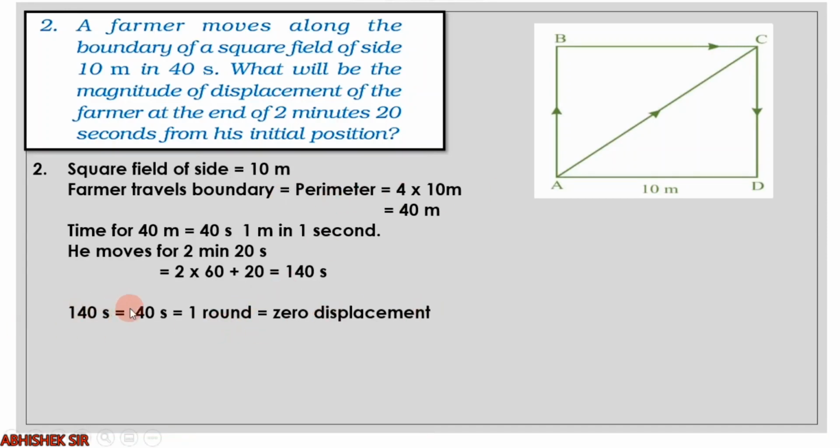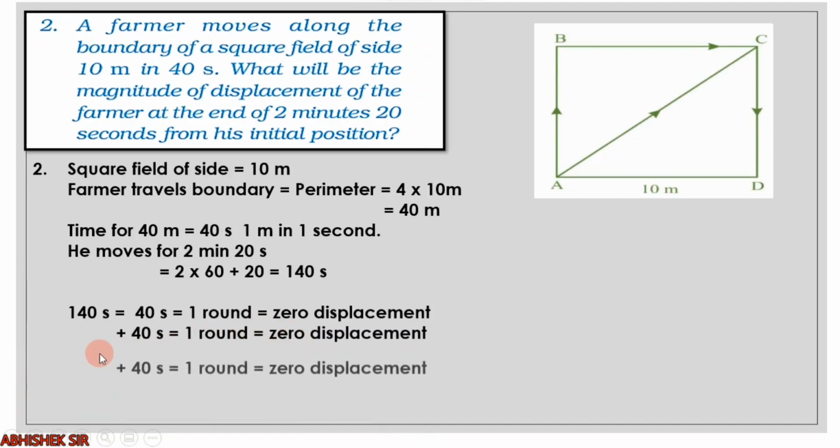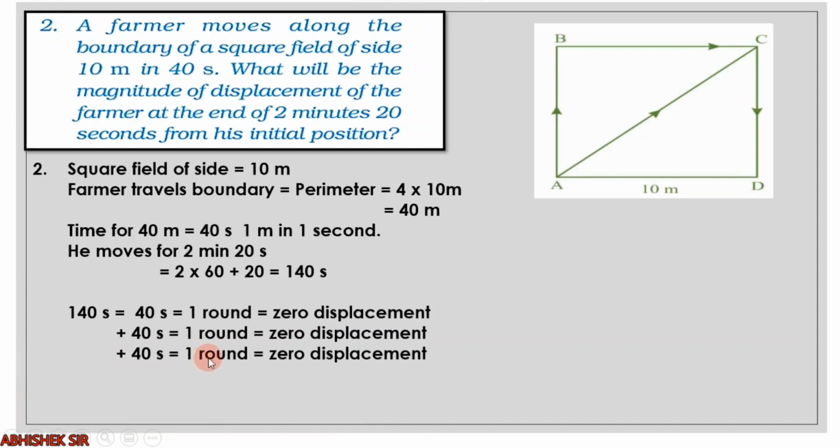That means from 140, the first 40 he completes one round, so ultimately 0 displacement. The next 40 seconds another round, that means again 0 displacement. Next 40 seconds again one round, that means 0 displacement. So you see 40, 40 and 40, 120 seconds he has traveled, but again after each round his displacement becomes 0. He comes back to his original position.